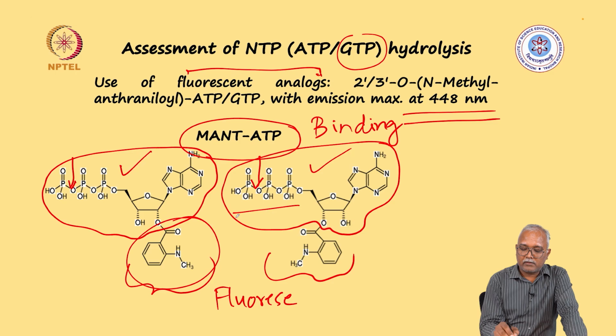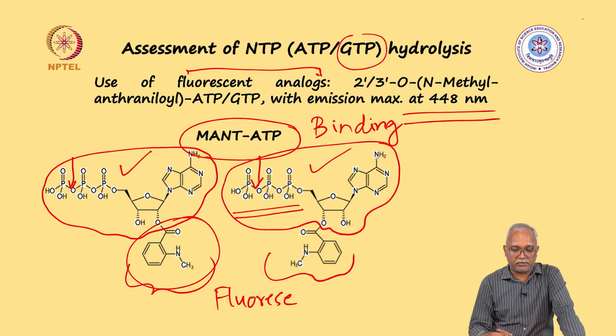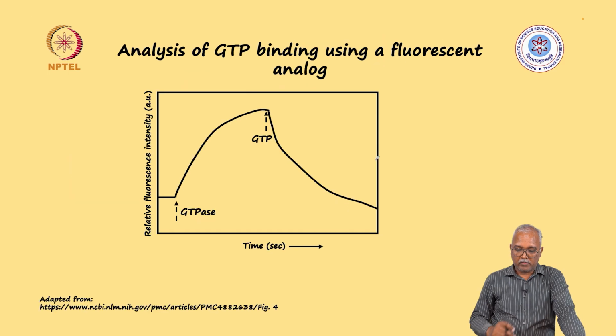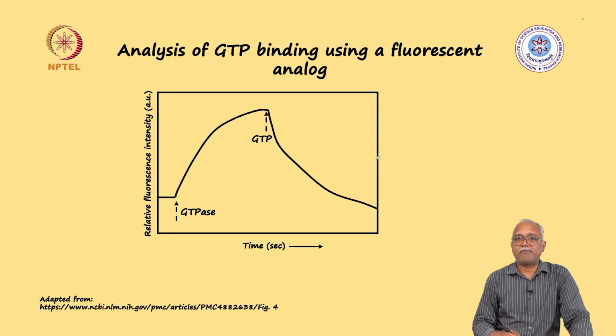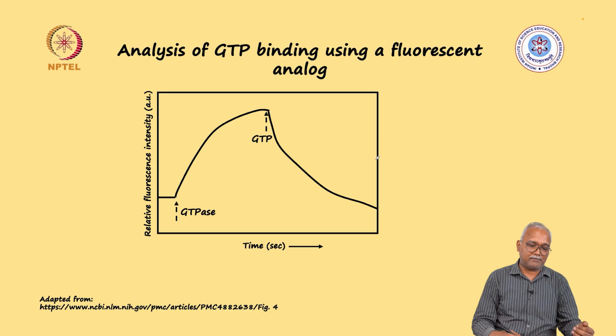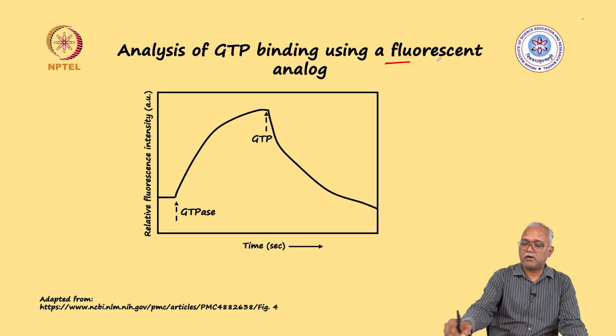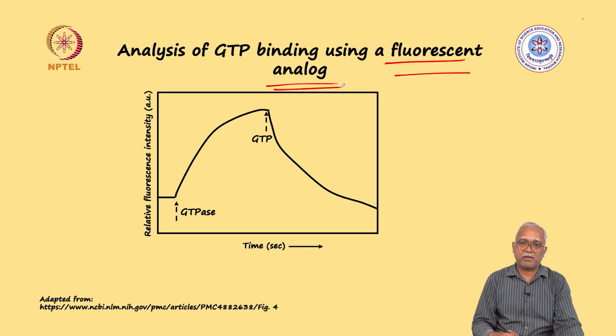Because here the phosphate residue which is released as a consequence of kinase activity or GTPase activity will be lost, and you will always notice what is binding to the kinase or GTPase. These are old experiments, and fluorescent analogs are also used, but the idea remains the same.